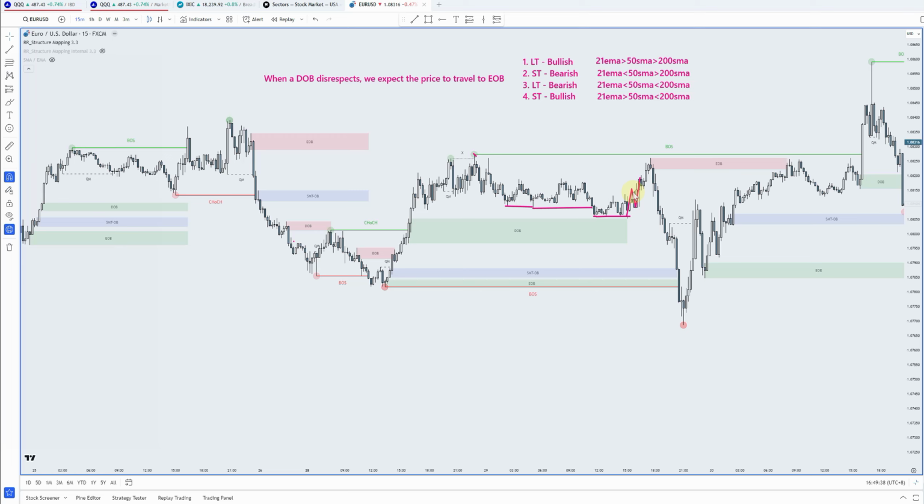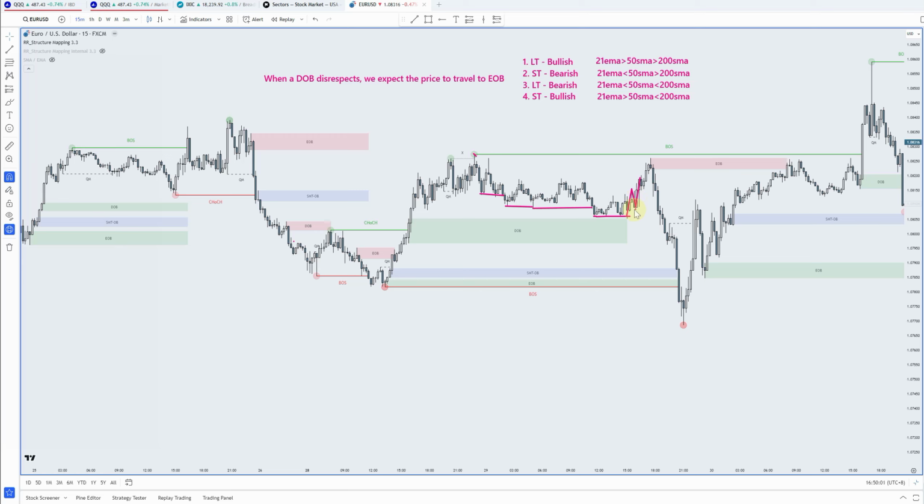Feel the behavior of the market. When you feel it, you will understand something is happening here. Market made a low here, failed. Another low, then failed, and then continuously going up again, right?